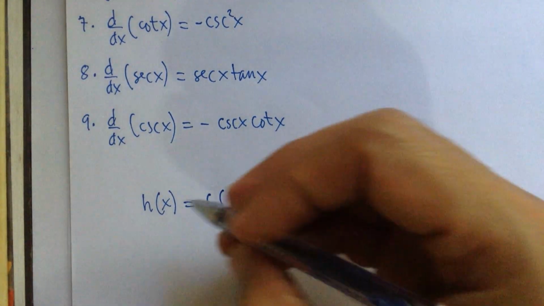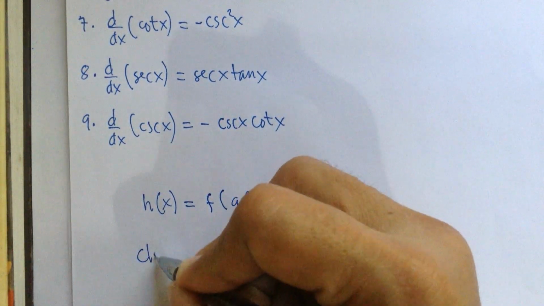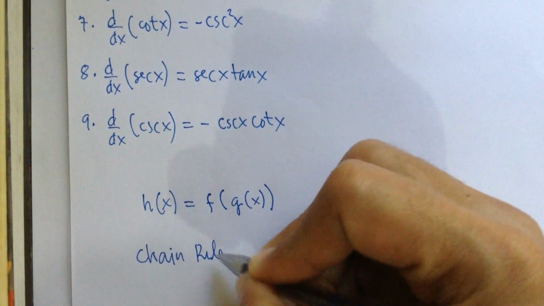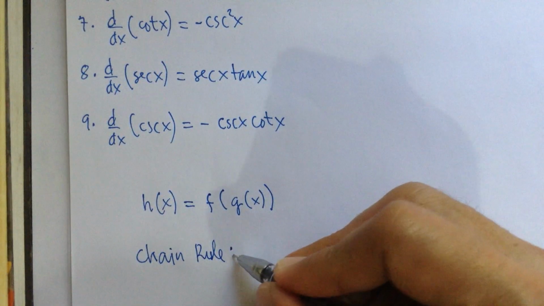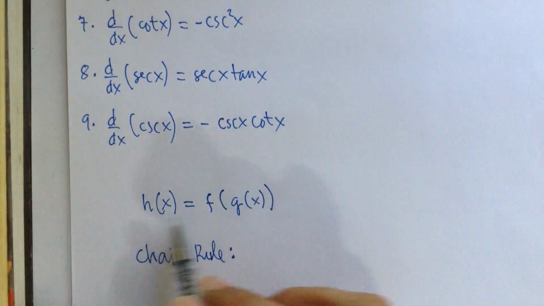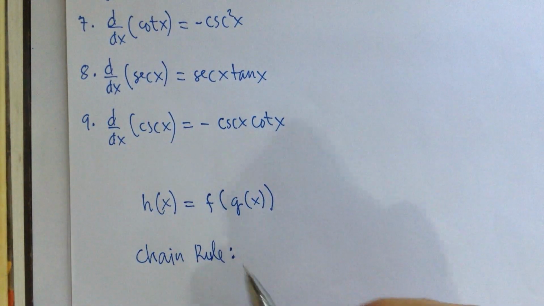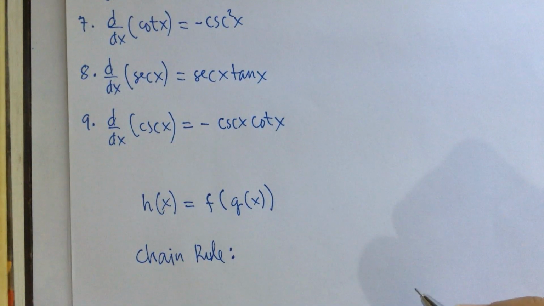Our objective in the chain rule is to find the derivative of this kind of function, which is the result of the composition of two functions.